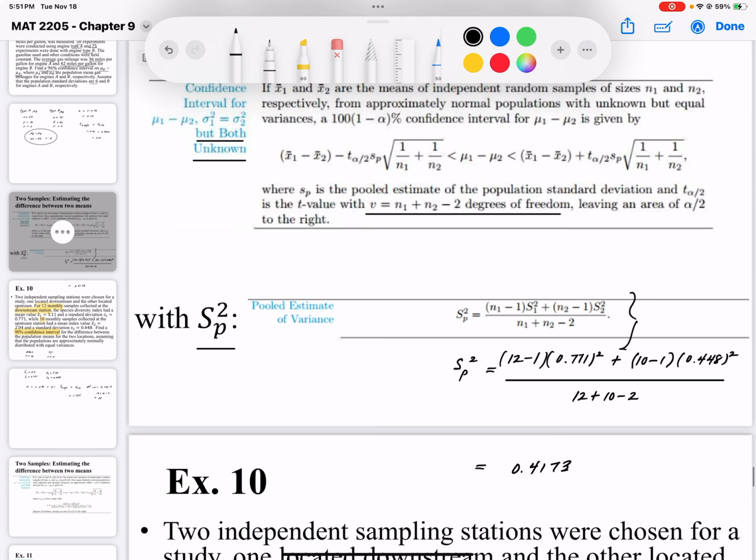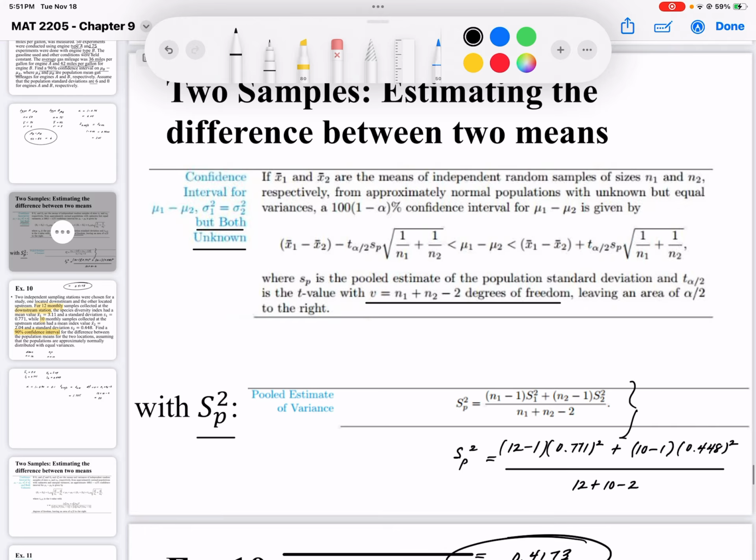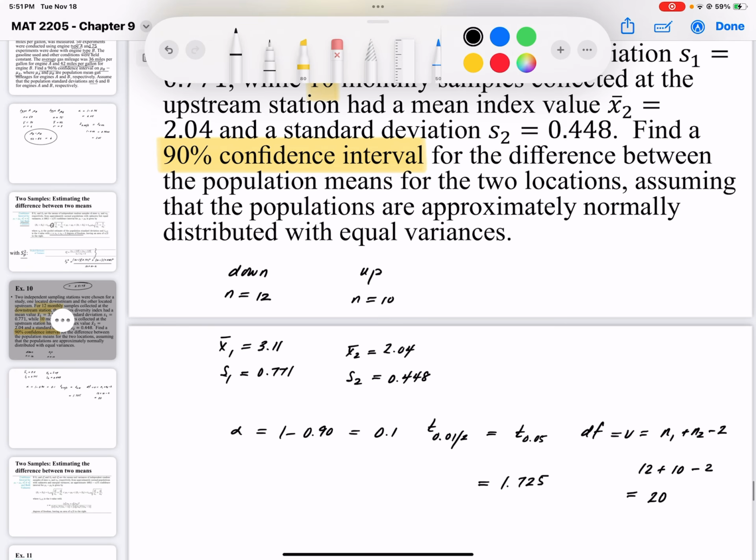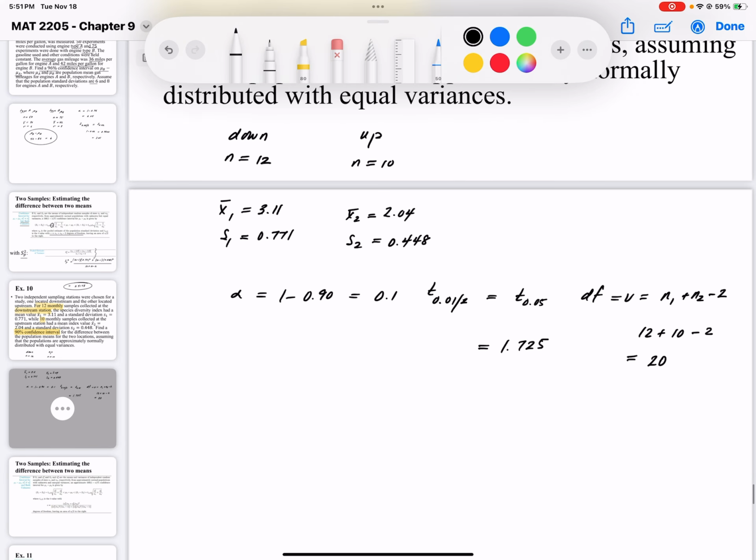Okay, taking that, plugging it in here where we see it, let's plug in everything else and get our value. Looks like I need to subtract my x bars. So x bar sub 1 minus x bar sub 2 was the first thing that they gave us.